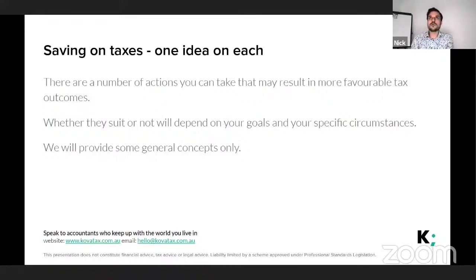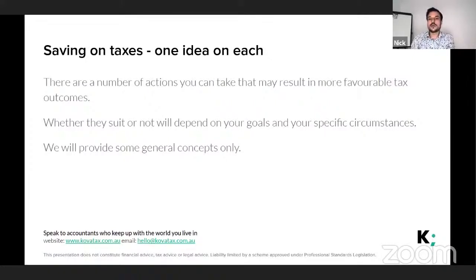Well, it's a pretty deep area and can become quite complex. But we've looked at three common things that we do. One is to eliminate taxes that you don't necessarily have to pay. The other is to split your income into different taxpayers. And the other option is to defer or delay payment of your taxes.